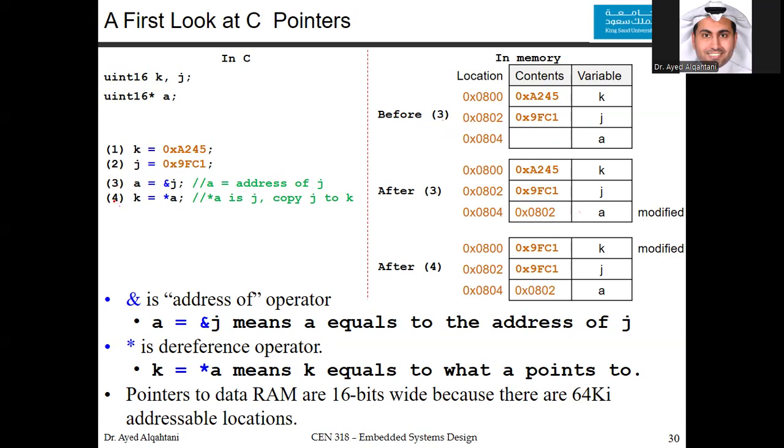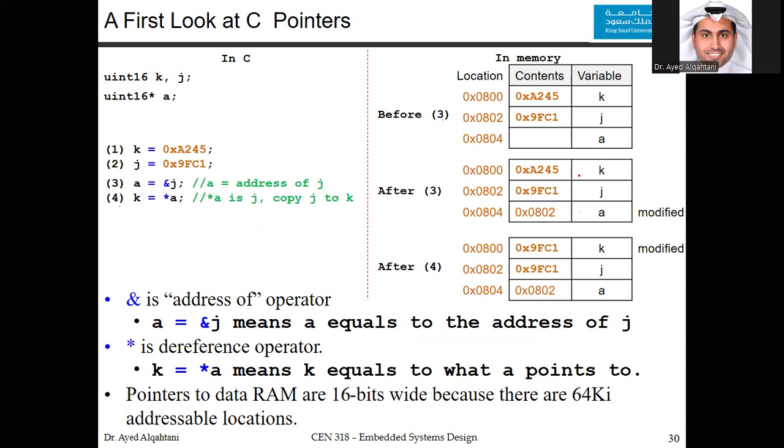Now, in the fourth statement, you say K is equal to whatever A is pointing to. This means that A points to J, so you copy J to K. How to do this?